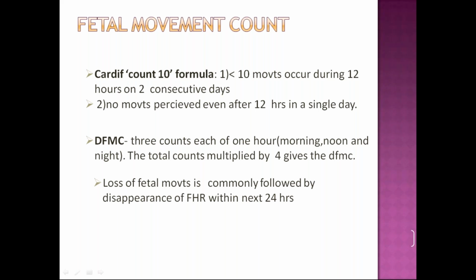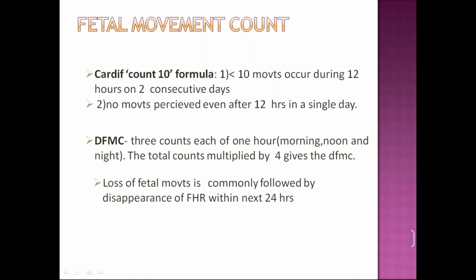During this count, the patient should lie down, put her hand over the abdomen, and count the fetal movements, whether she is able to perceive them or not. She should take breakfast so she is not hypoglycemic, then lie down, preferably in the left lateral position so the inferior vena cava is not compressed.